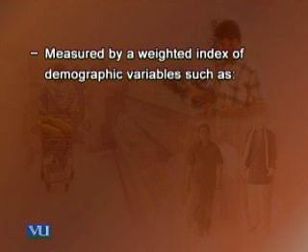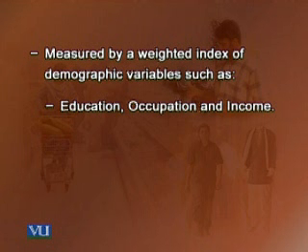So, socioeconomic status is calculated as a weighted index of a number of variables. And this includes education, occupation, and income. Usually questionnaires include different questions that are asking the respondent's education level.